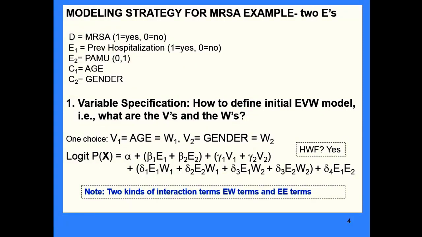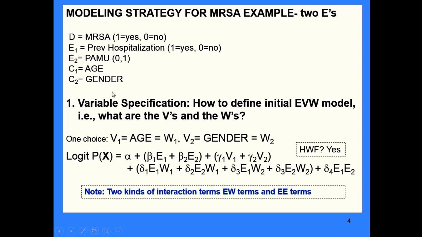You may or may not recall last time we looked at this slide. I'm on the PowerPoint presentation that related to modeling strategy for several E's, and I had an example from the MRSA data where there were two exposure variables, E1 and E2, previous hospitalization and PAMU.